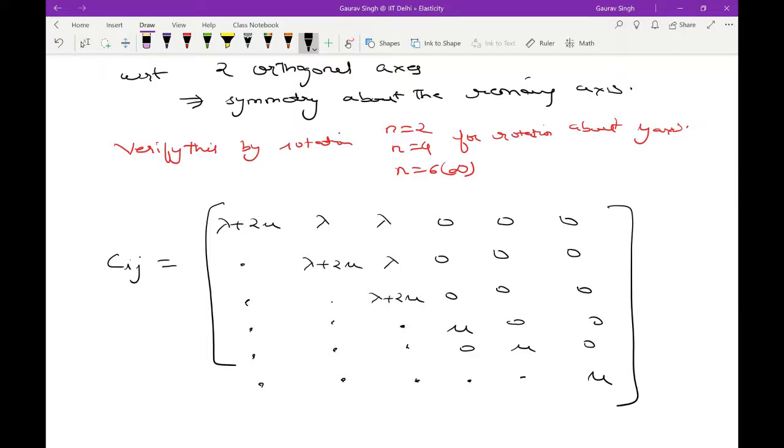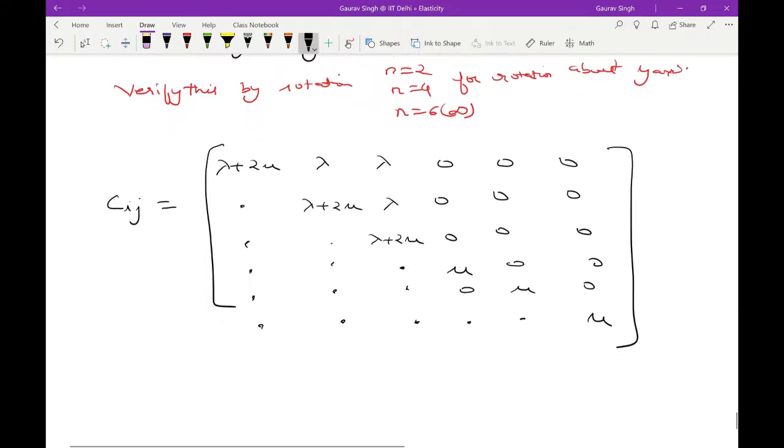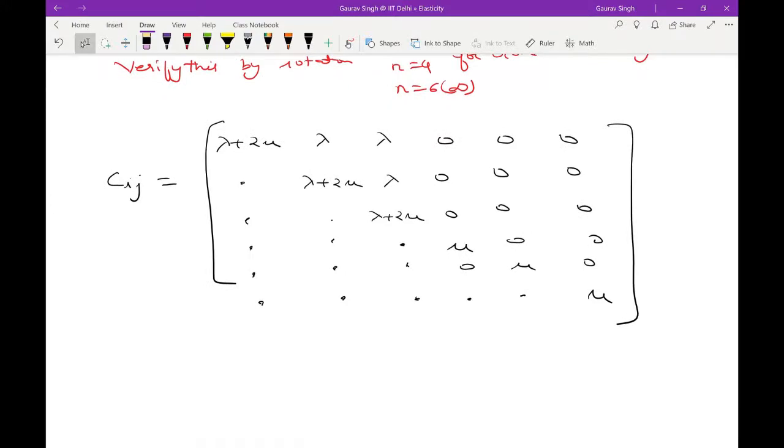So finally, after doing this, you should be able to get this Cij, and as you can see, there are only two independent elastic constants.